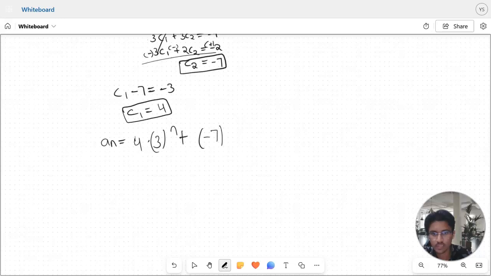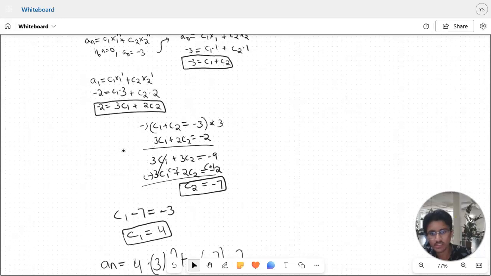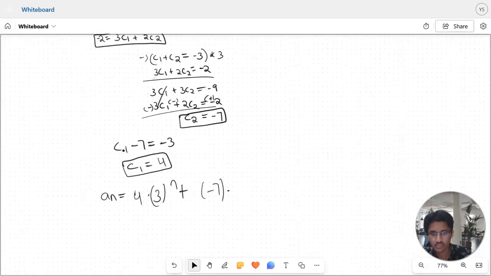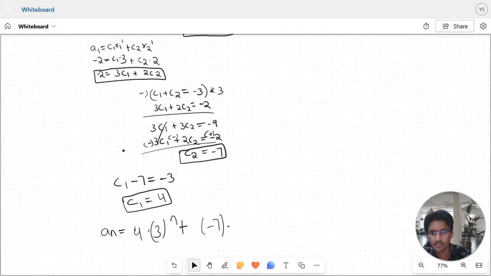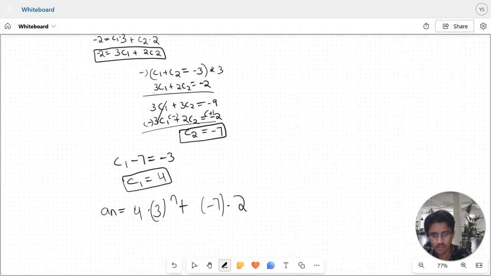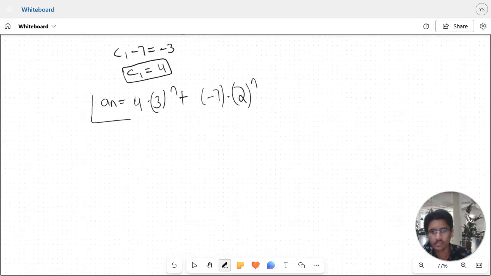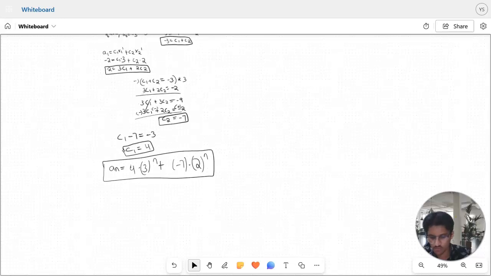Now we're putting the puzzle together. -7, and I'm putting the bracket so that we know the bracket is with -7, multiplied by our x2 value, which is 2. So it's going to be 2 to the power of n. So that is our second order recursive relation.